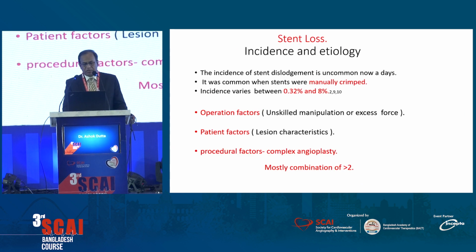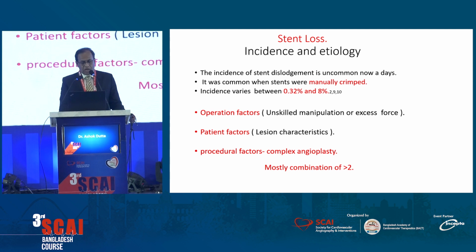Stent loss incidence is very low nowadays, but in the initial days of stenting, the rate of stent loss was very high. The incidence varies between institutes and from person to person, and different studies show 0.3 to 8% stent loss.